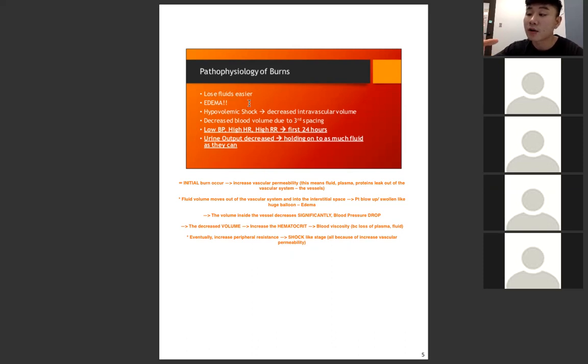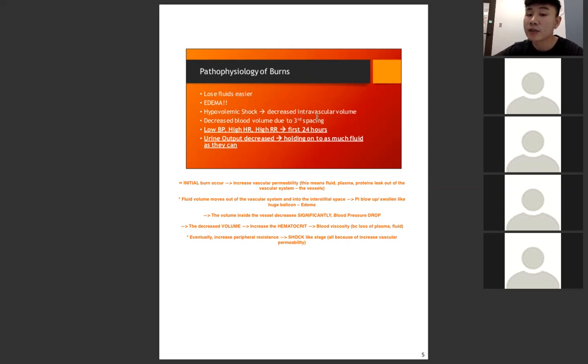All of the substance inside the blood vessel leaks out into the local surrounding area. Therefore, it leads to loss of fluid first of all, and also edema and swelling from the inflammation process. Because of the leakage and the loss of fluid, the patient can experience hypovolemic shock.